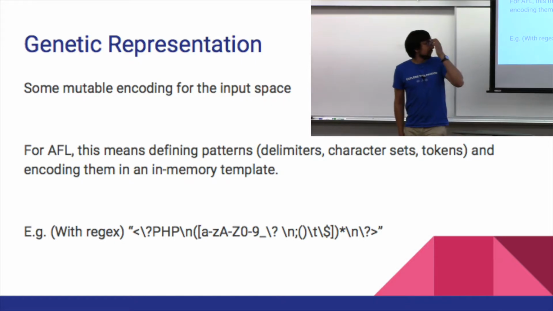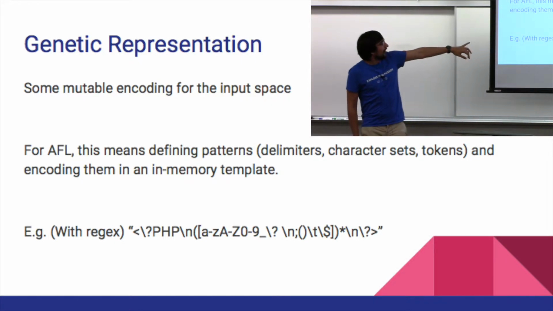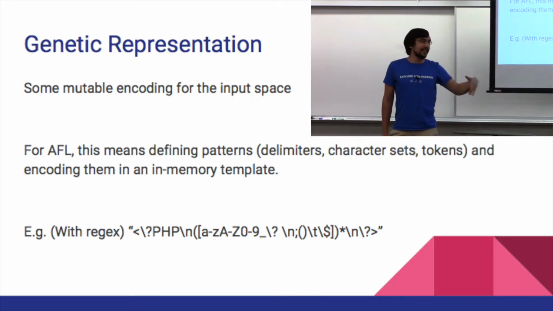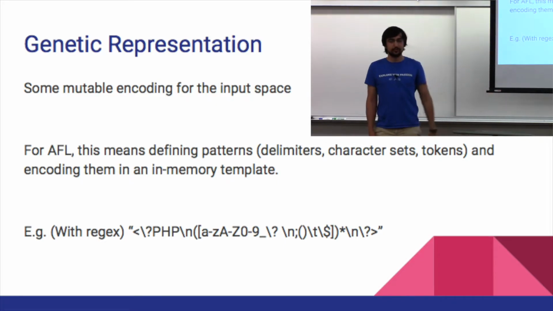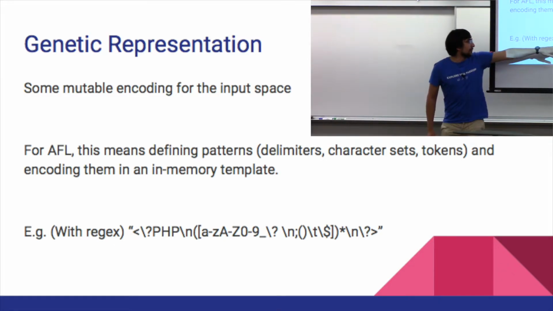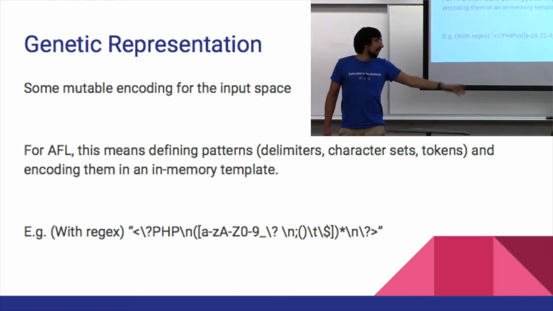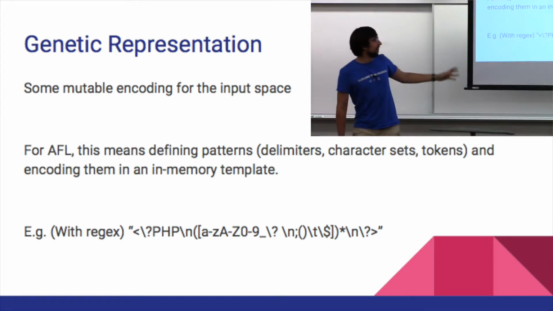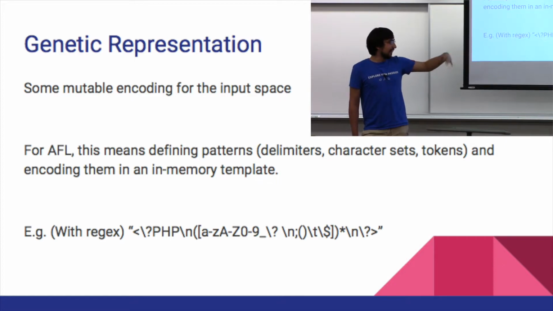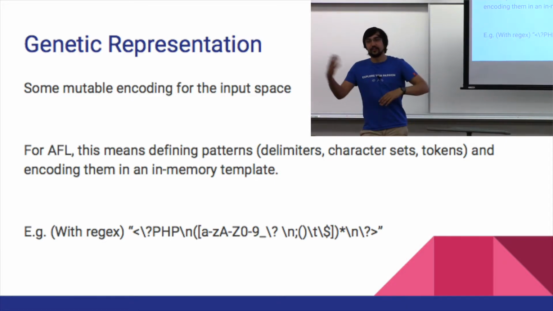So we have our genetic representation. I put a regex down here that would match any PHP program. I'm sure it's horribly broken. But we have the opening PHP tag, a new line, any alphanumeric characters, and then some semicolons, new lines, tabs, whatever, any number of times, and then a new line, and then a closing tag, right?